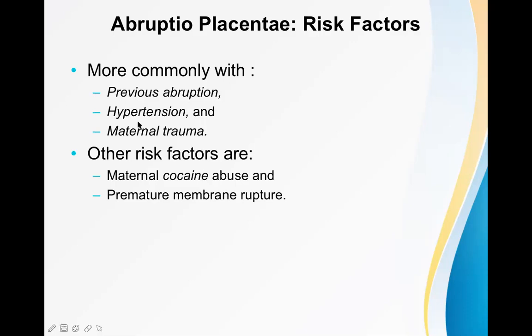Another is pregnancy-induced hypertension or chronic hypertension in that lady, and maternal trauma. The trauma should occur in the abdomen, and that trauma may cause premature separation of the placenta. So these are some of the more common risk factors.